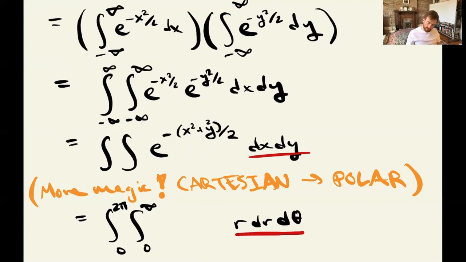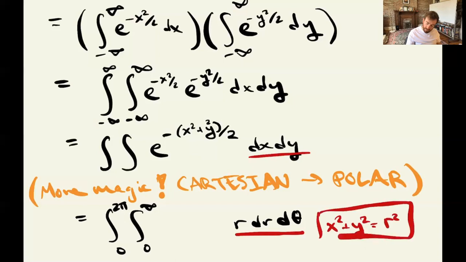Remember, x squared plus y squared equals r squared. And luckily I've got x squared plus y squared in my integrand. So I get e to the minus r squared over 2, and then I have my r dr d theta.